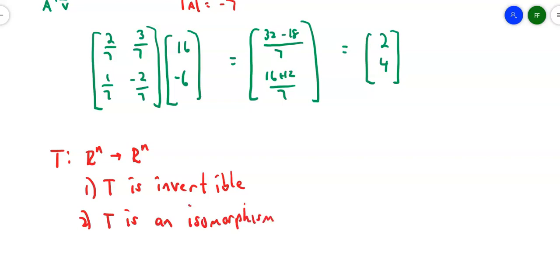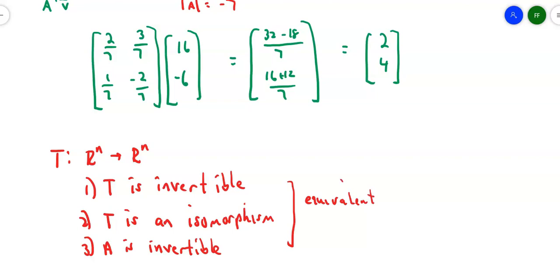So if I can take some transformation and undo the process, then automatically it's an isomorphism. And then the third thing is that matrix A is invertible. And not only is A invertible, but the standard matrix for T inverse is A inverse. So these things are equivalence statements.